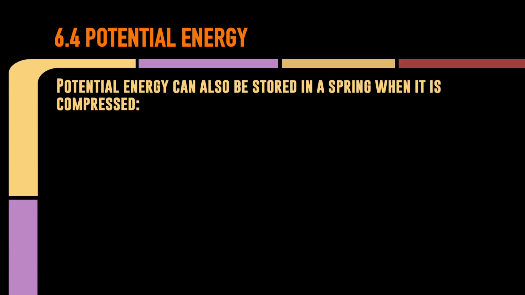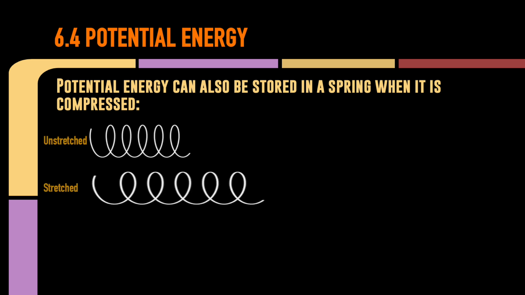So when it's compressed, we have a little way of thinking about it. We have an unstretched spring, a stretched spring, and then a compressed spring. When we start measuring these, we start with the unstretched position as my origin.